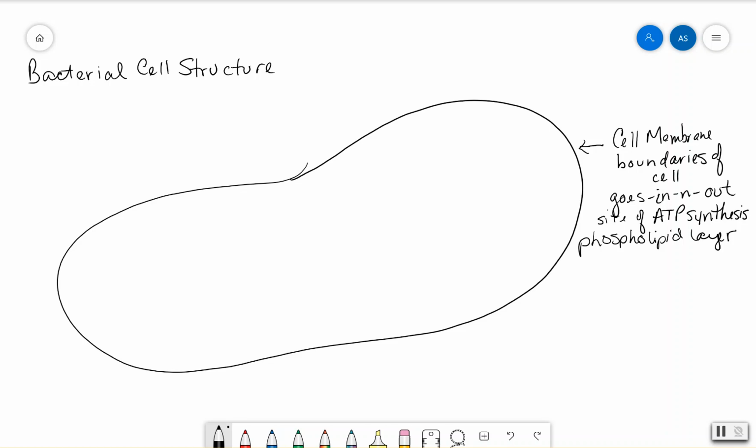Now, if we move inside our little bacterial cell, we have a single circular piece of DNA, and this is the chromosome.